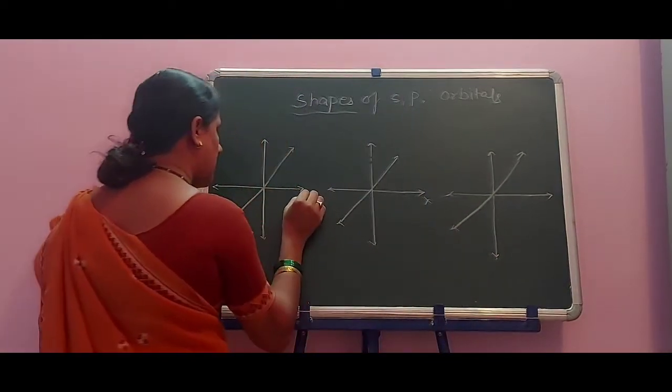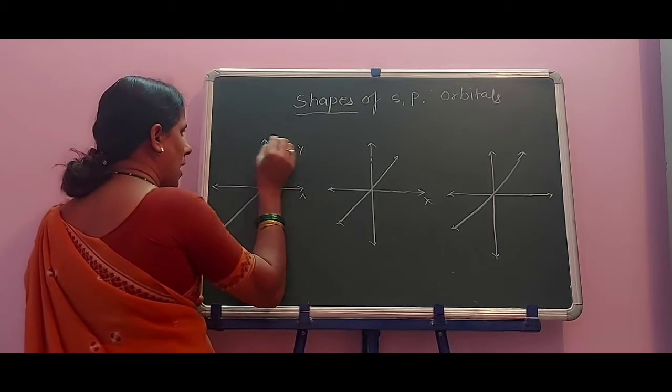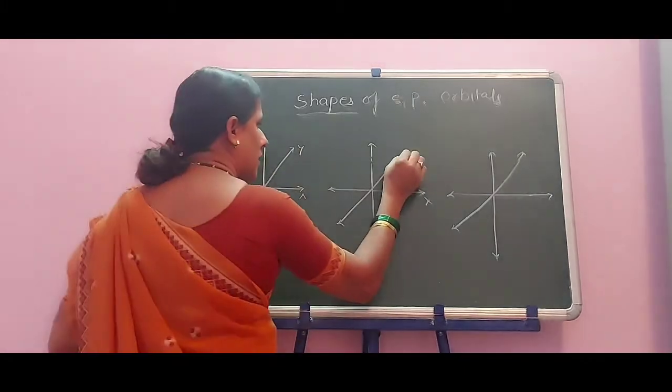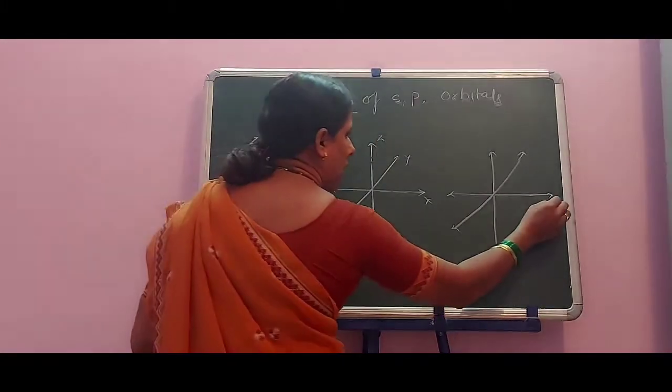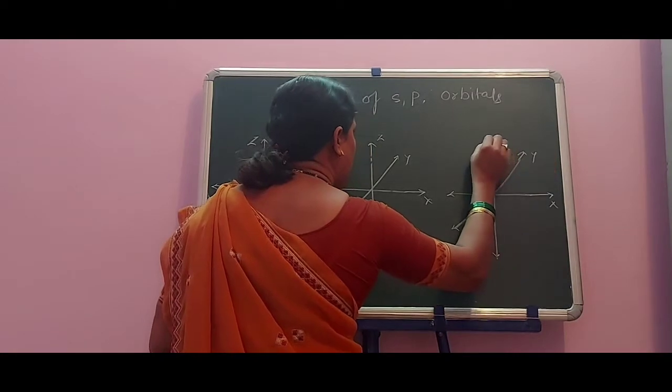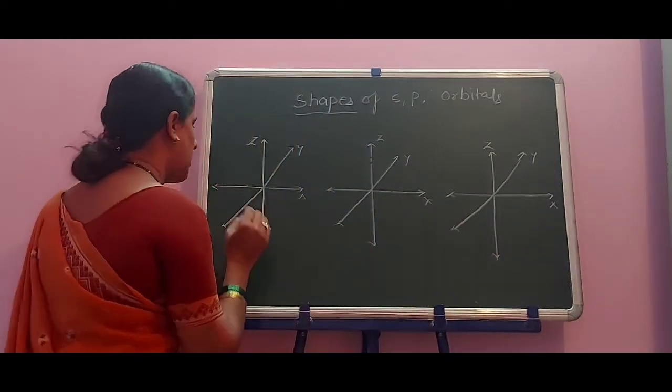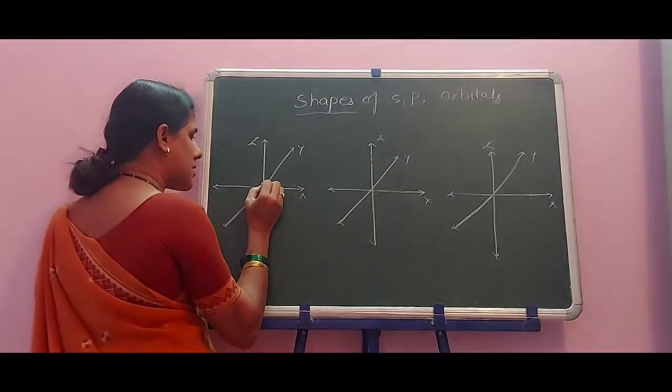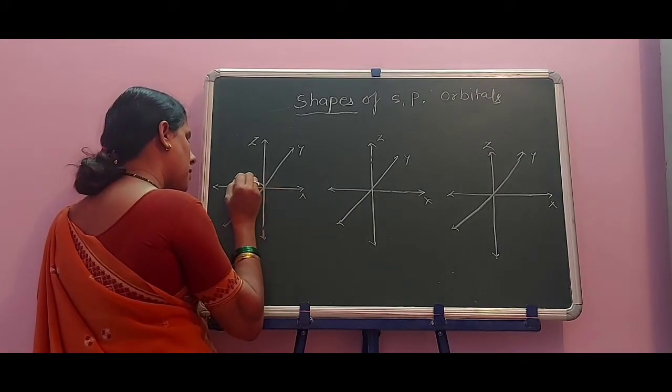This is x, this is y, and this is z. Here, the p orbital of px.